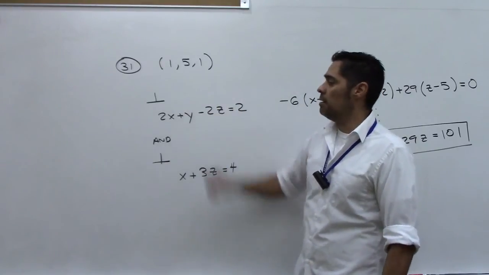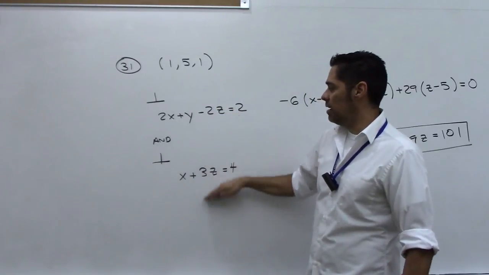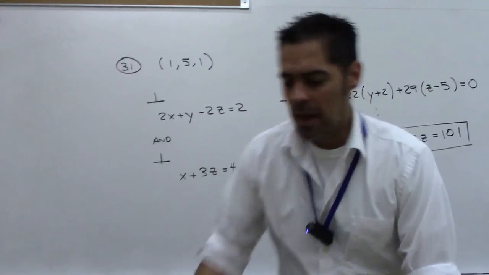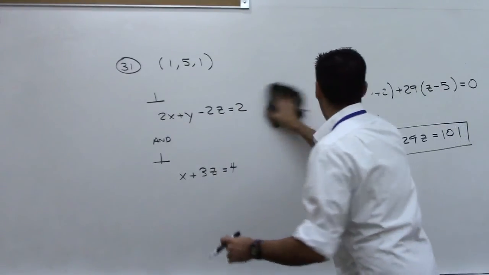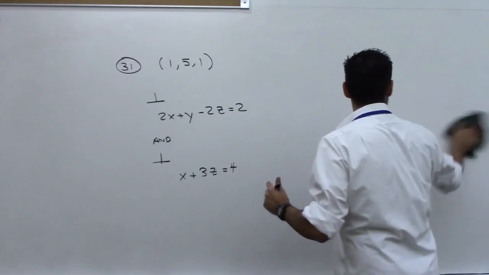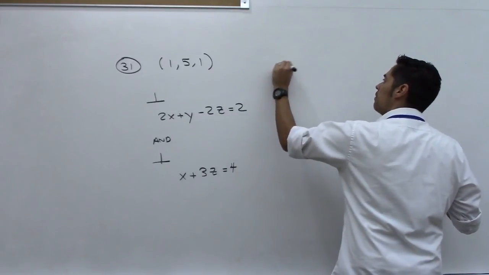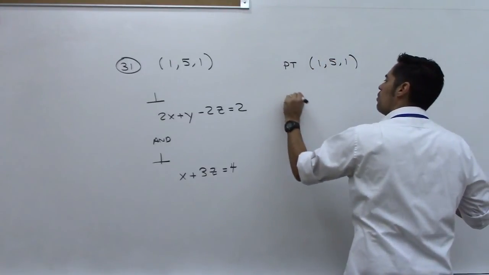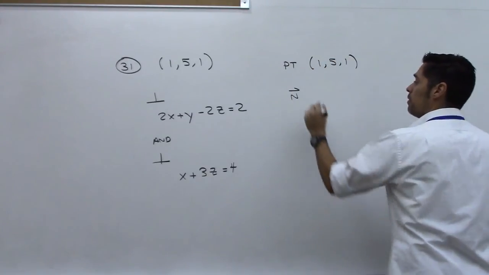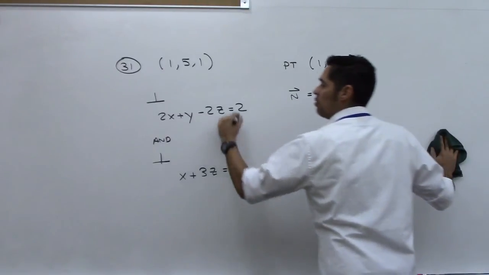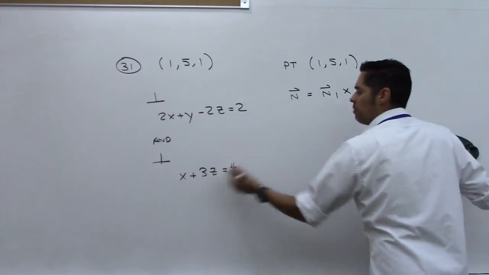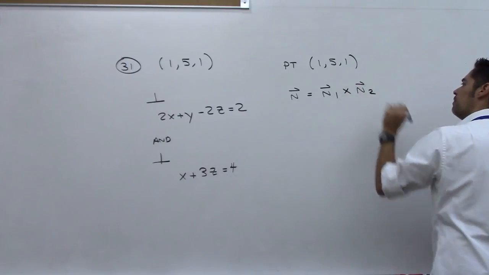So the normal vector is just taking the cross product of the normals of these two. So without going through all the work, let's just say this. The point that I have is the point (1, 5, 1). The normal for the plane I'm looking for is the normal of plane 1, crossed with the normal of plane 2.